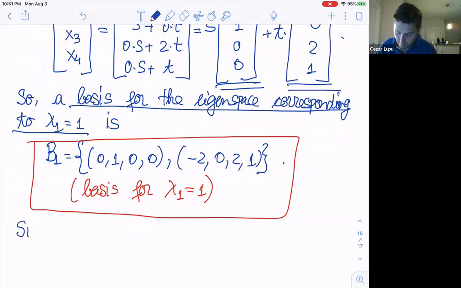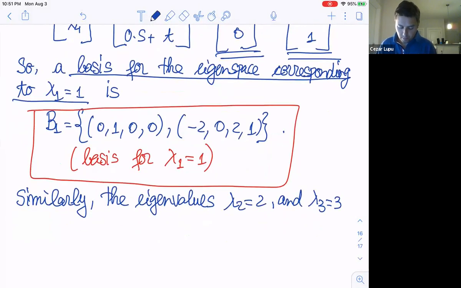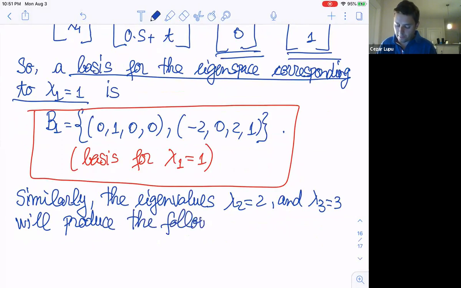Similarly, the eigenvalues lambda 2 equals 2 and lambda 3 equals 3 will produce, using the same procedure, the following eigenspace basis.